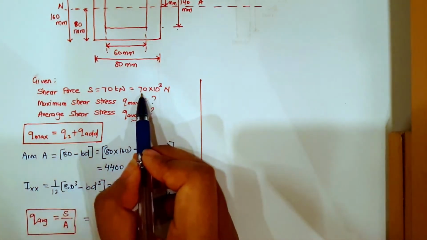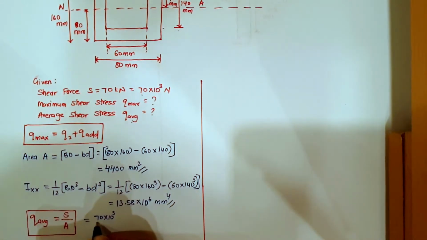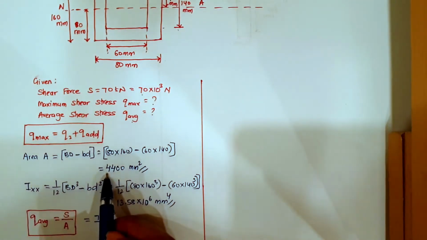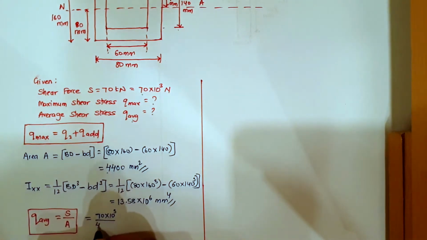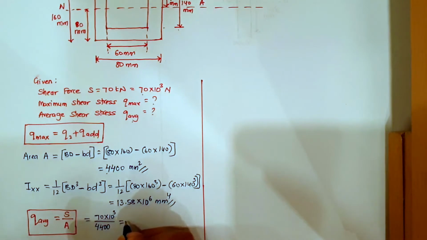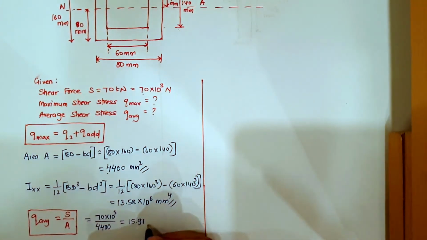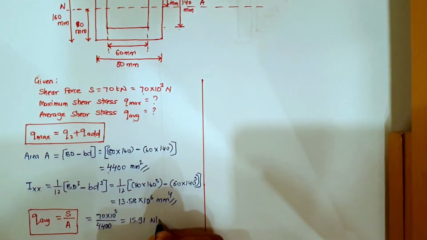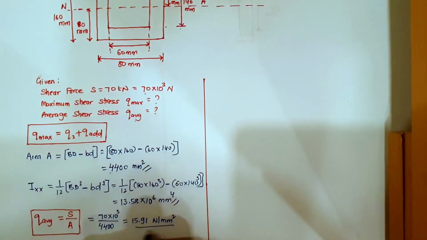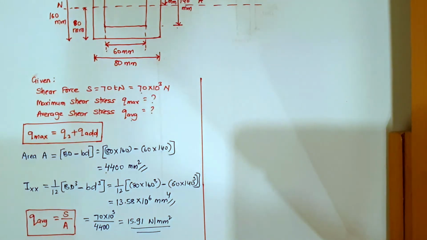Shear force given in the question is 70. So 70 into 10 raised to power 3 divided by the area we got, 4400. So from here you get the average stress equal to 15.91 Newton per mm square. So this is the average shear stress. Now let us find Q1.